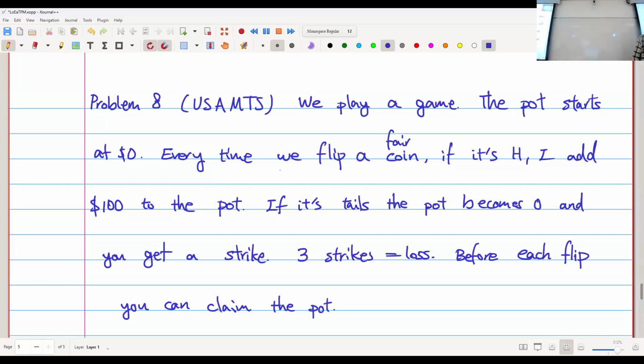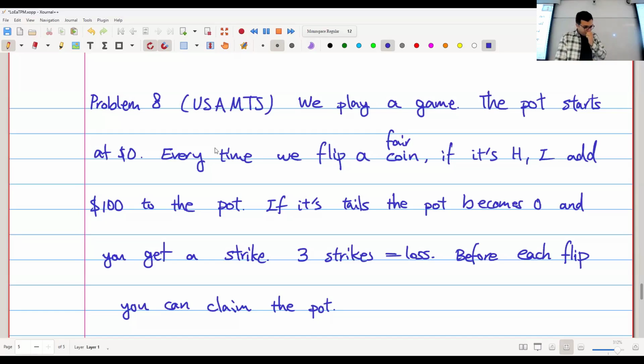So we're starting with $0. Every time I ask you, should I flip a coin? If you say no, you get whatever money there is in the pot. If you say yes, I flip a coin. If it's heads, I add $100 to the pot. If it's tails, the pot becomes 0, you get a strike. If you get 3 strikes, you cannot play anymore and you don't win anything.